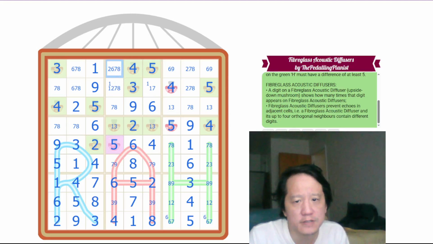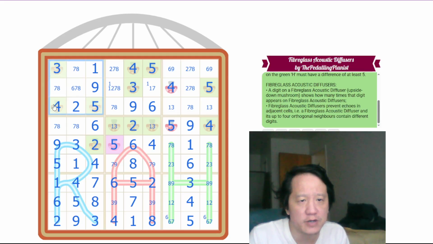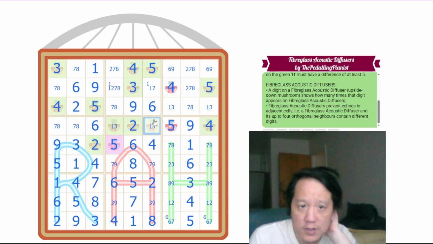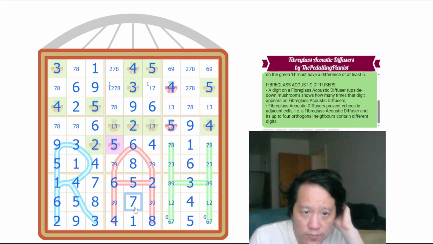6 eliminates 6. Oh, well, 6 and 9 as a pair, which means this can't be 6. Where is the 6 in box 1? It has to be here. Okay. Is that done?